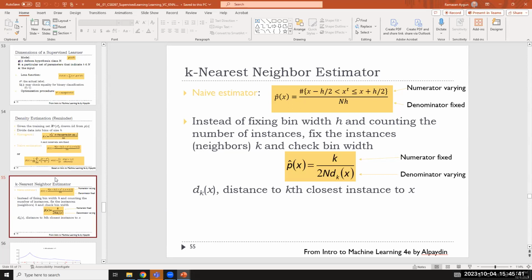In the denominator, you have 2 times n times the distance to the k-th closest neighbor. Logically, for your data point, to cover k neighbors, how much area should you look into? That tells you about the density of that area.